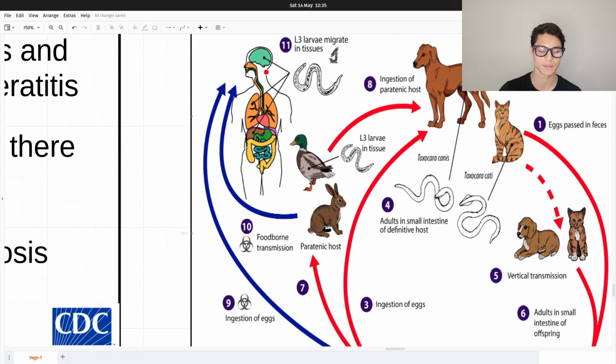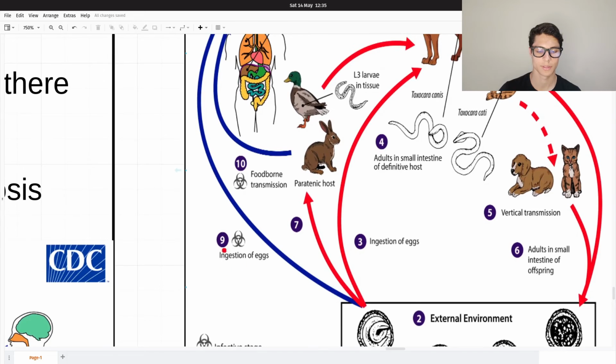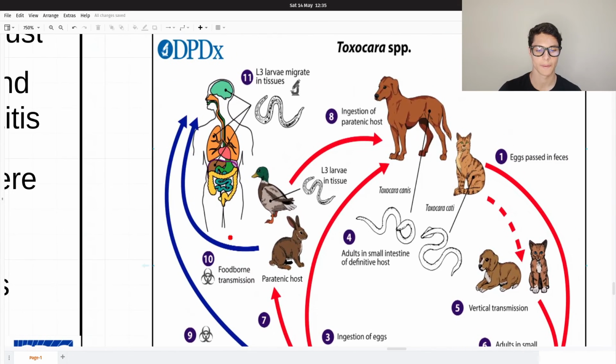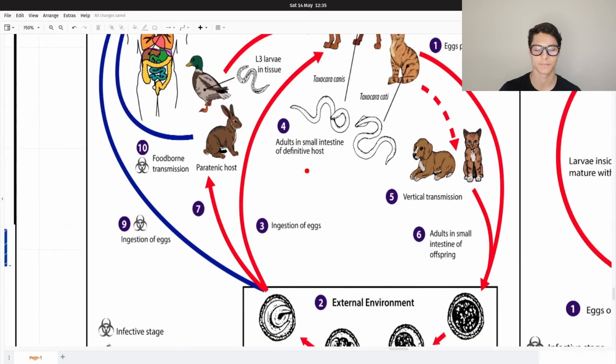And we are infected as well by these animals if we eat them. So, ingestion of eggs or foodborne transmission. And as we are not the definitive hosts, like in the case of the rabbit and the duck, the larvae migrate to the tissues because they hope to be eaten by the dog or the cat.